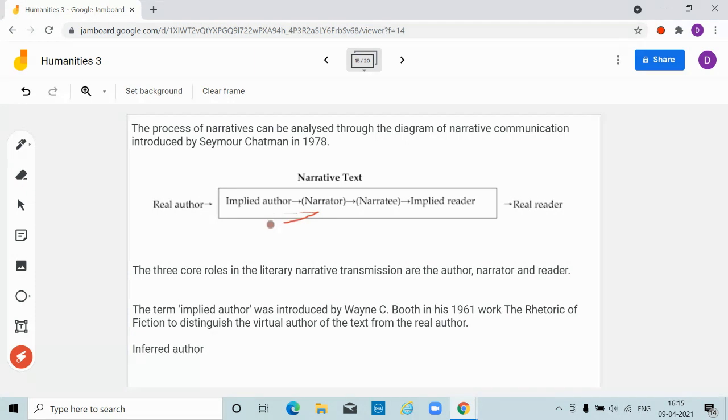So, when you're reading the narrative text, a reader will get the idea of an implied author, and within the text there will be a narrator who's narrating the story, and the story is narrated to someone, and that someone is called the narratee.